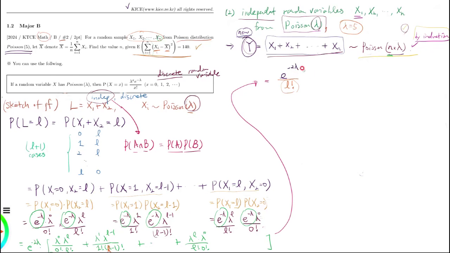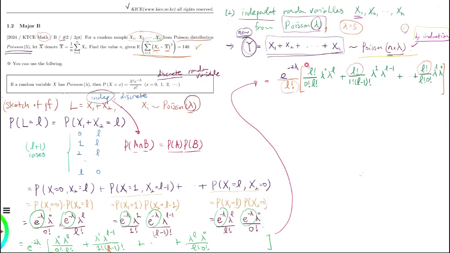And then let me rewrite each term like this by combinatorics: l factorial over 0 factorial times l factorial, lambda to the 0 lambda to the l, plus l factorial over 1 factorial times l minus 1 factorial, lambda to the 1 lambda to the l minus 1, plus l factorial over l factorial times 0 factorial, lambda to the l times lambda to the 0.